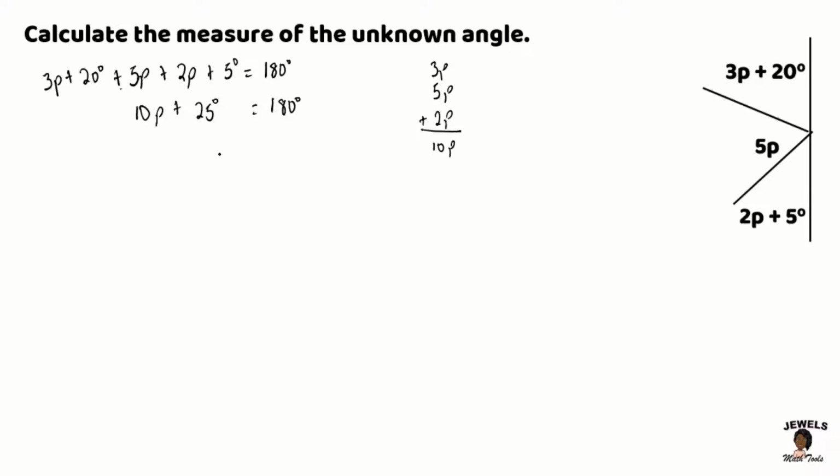Now we're going to be collecting our like terms again, which in our 25 and my 180 degrees are both constants. So I'm going to subtract. Remember that with your two-step equation, if you're adding on one side, we subtract on the other side. So we have 10p, so 180 degrees minus 25 degrees.